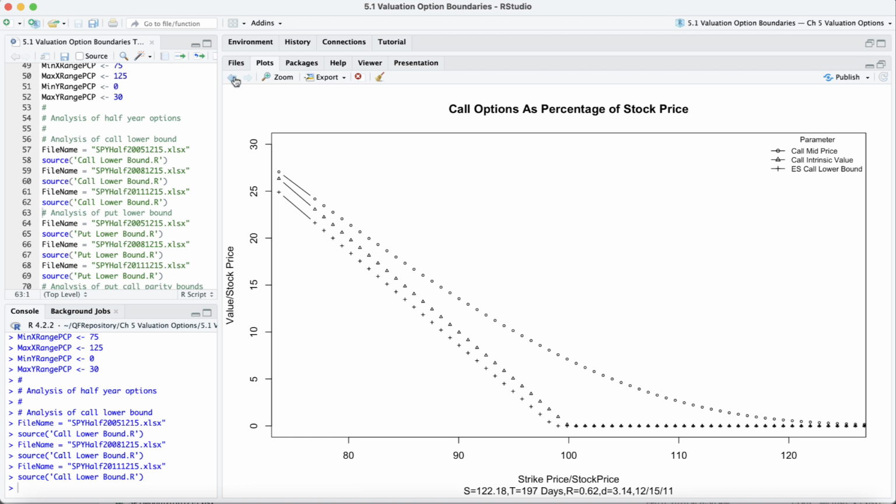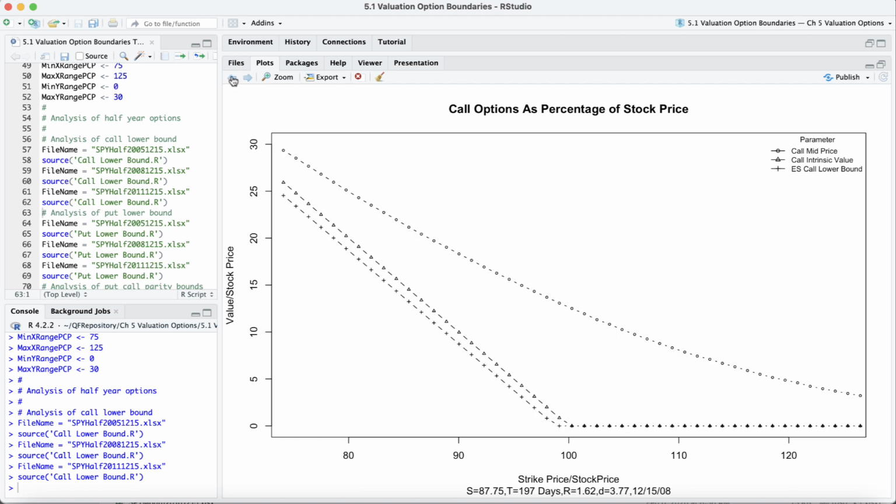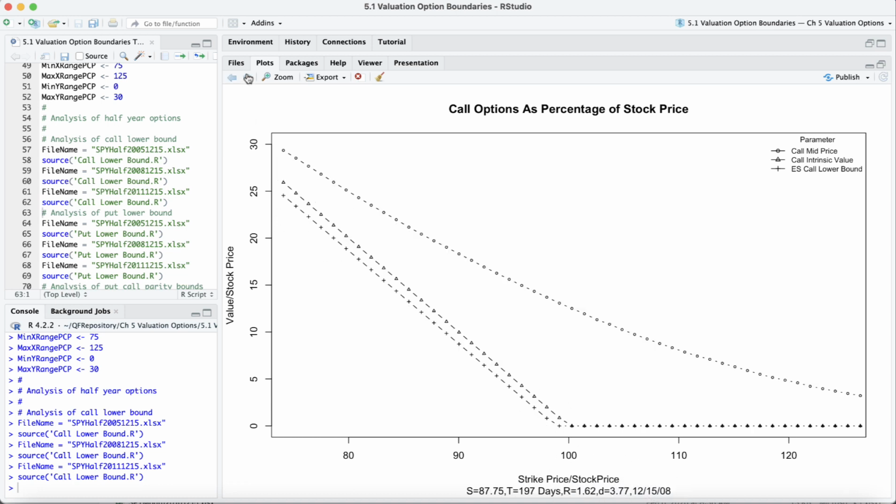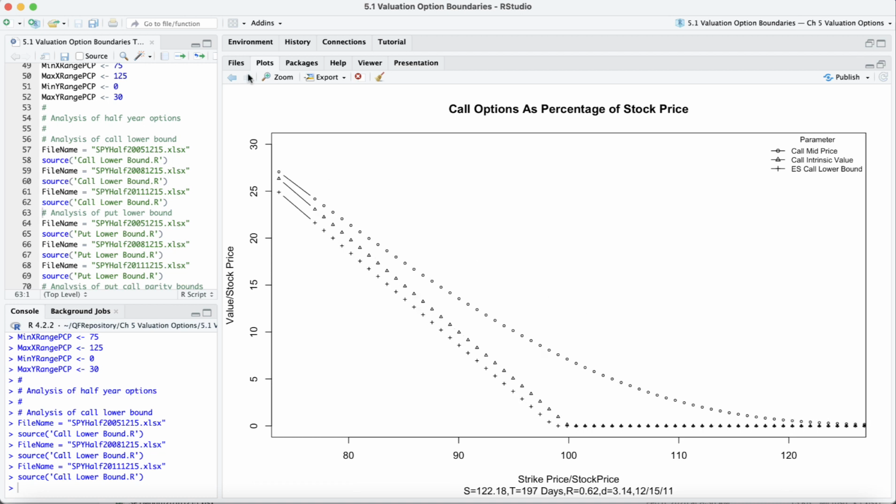One of the interesting insights is that the highest lower bound switches depending on the interest rate and dividend yield, and the option prices asymptotically go to the highest lower bound. This is a clear indication that arbitrageurs are active in this particular market.